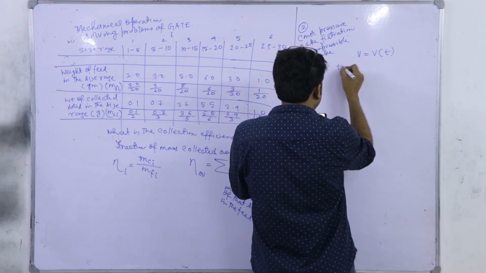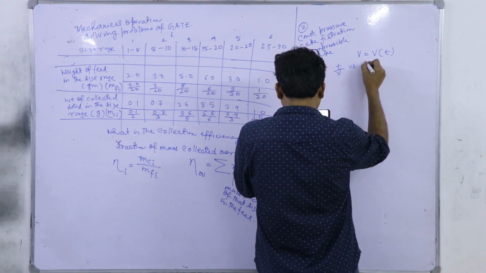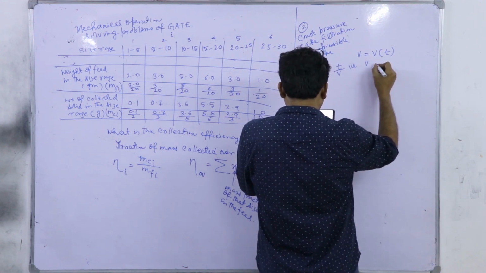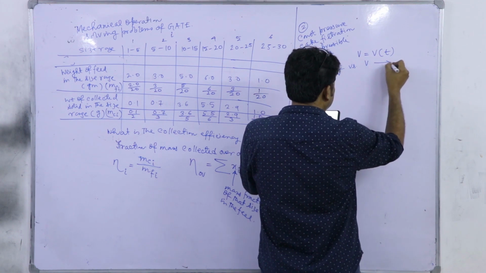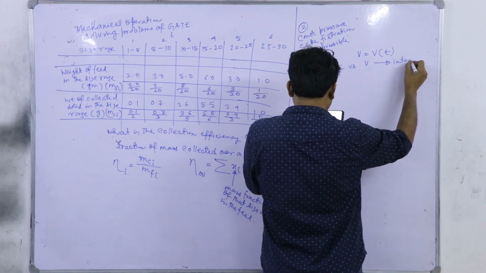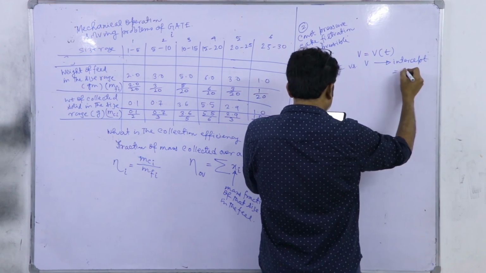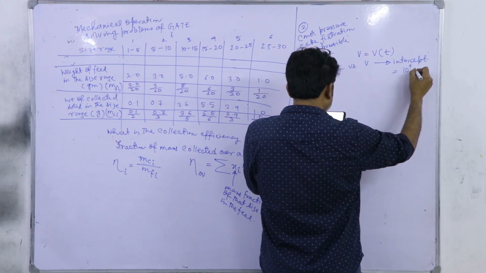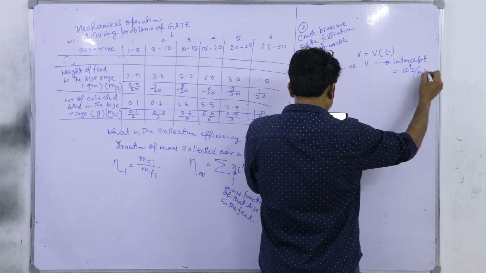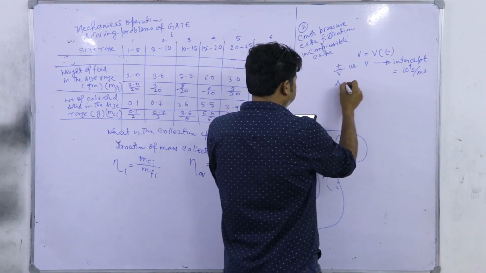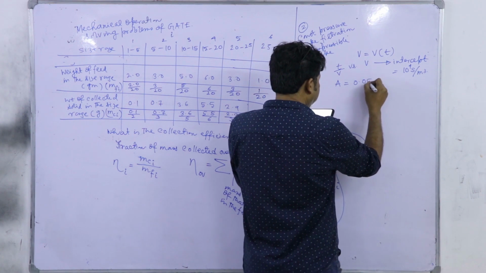The plot of t by V versus V results in a straight line with an intercept equal to 10 to the power 4 second per meter cube. Area of the filtration is 0.05 meter square.